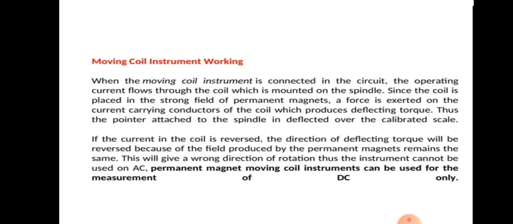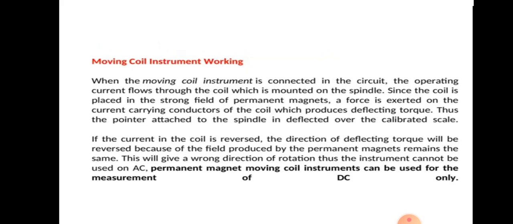Now the working of the moving coil. When the moving coil instrument is connected in the circuit, the operating current flows through the coil, which is mounted on the spindle. Since the coil is placed in the strong field of permanent magnets, a force is exerted on the current carrying conductor of the coil, which produces deflecting torque.